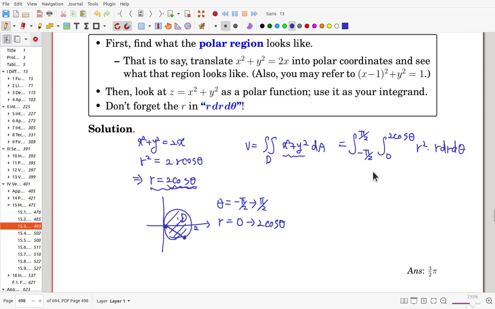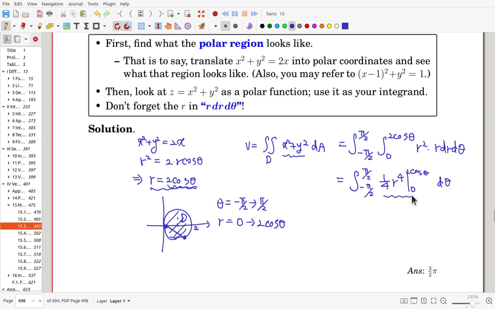For this one, we keep the integral the same, and this is r cubed. The antiderivative of r cubed is 1 over 4 r to the 4, from 0 to 2 cosine theta, with d theta.